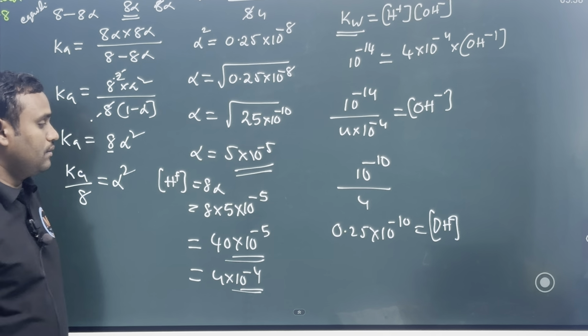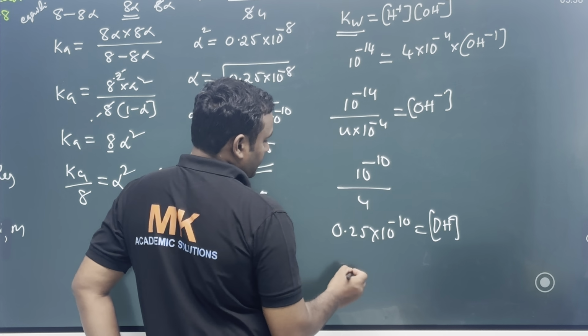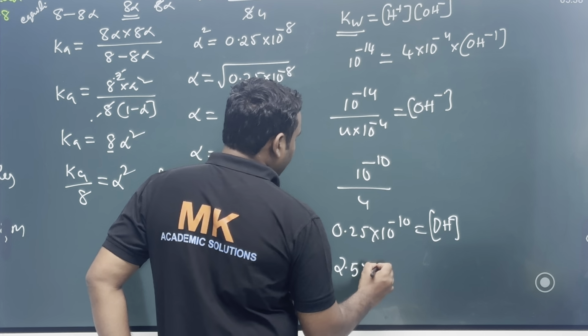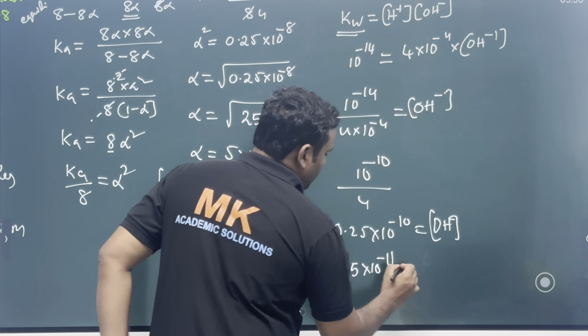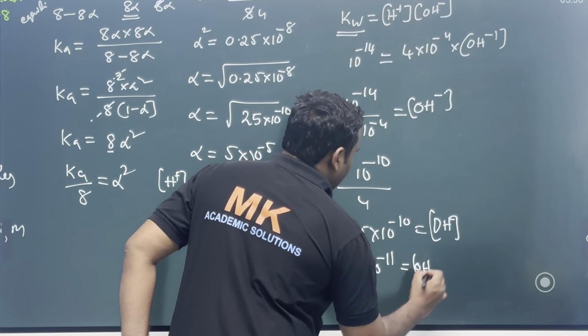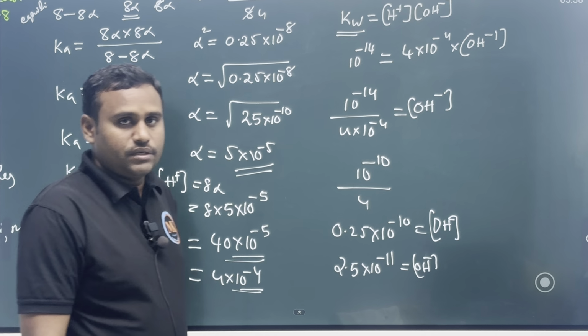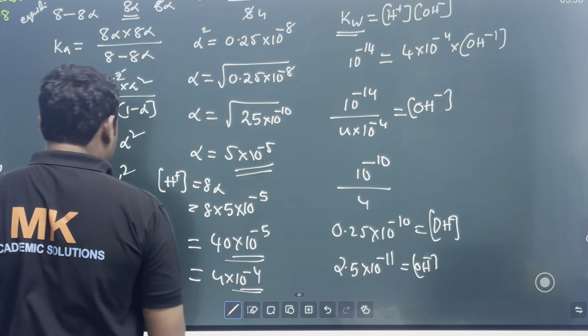So now we can write it as 2.5 into 10 to the power of minus 11, that is the OH minus ion concentration. So in this way we can find the H plus ion concentration and the OH minus ion concentration.